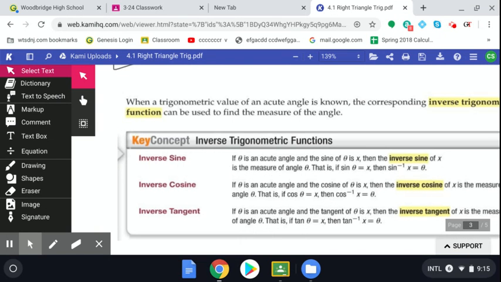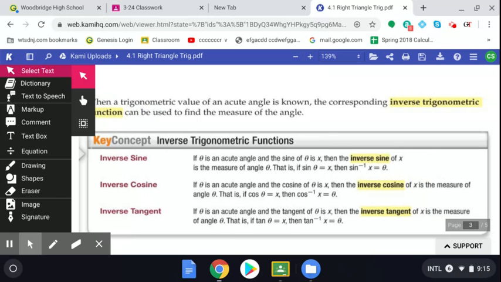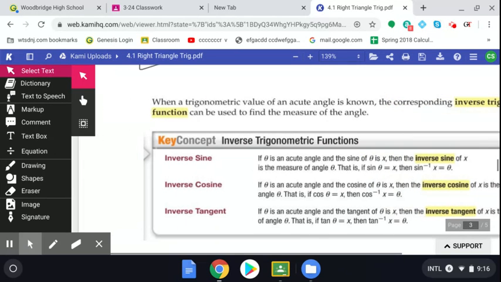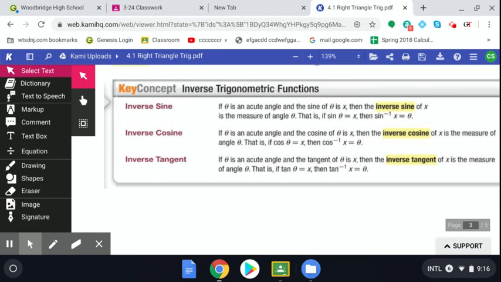All right, so for this, it says when a trig value of an acute angle is known, the corresponding inverse trig function can be used to find the measure of the angle. So if you look on a calculator, if it is a TI-34, then you will see a list of sine, cosine, tangent, then sine -1, cosine -1, tangent -1.